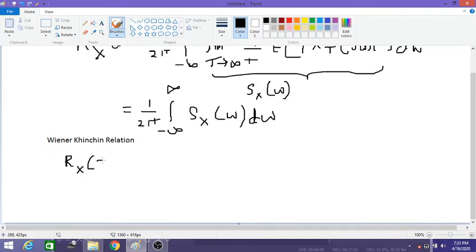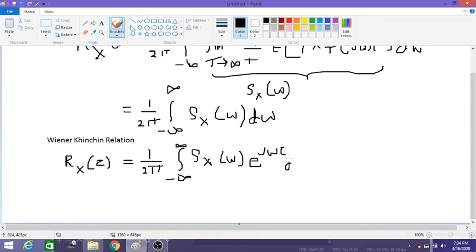Then I can write this as Rx of tau is equal to 1 by 2 pi into the integral from minus infinity to plus infinity of Sx of omega into e power j omega tau into d omega.